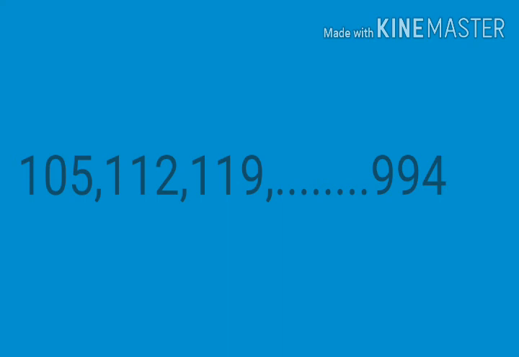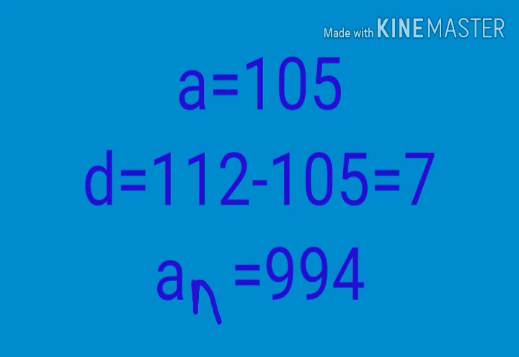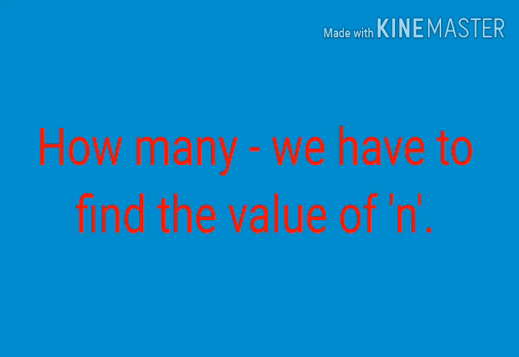Up to 994. So here a equals 105, d equals 112 minus 105 equals 7. That we already know. Then the last term we can take as an, that is equal to 994. Then here what we need to find? How many 3-digit numbers are divisible by 7? How many means we need to find the value of n.